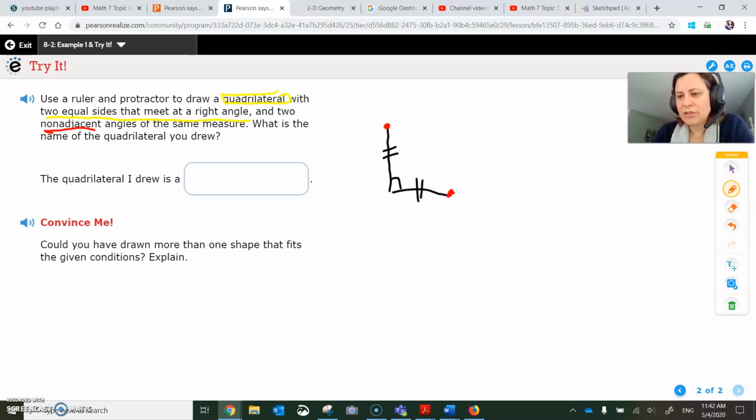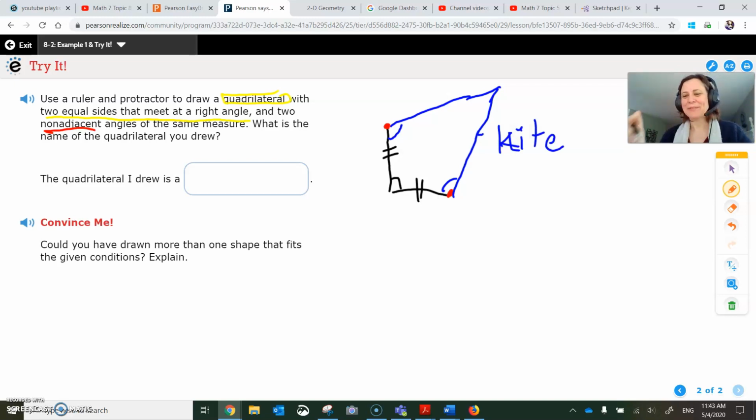So if we used a protractor and we were to draw like an angle coming out that's kind of more than 90 degrees and do the same one over here that's more than 90 degrees and then keep going until they meet each other, the shape that we drew would end up being a kite. K-I-T-E. Kite, like a kite that you fly. There's a lot of things that we could draw.